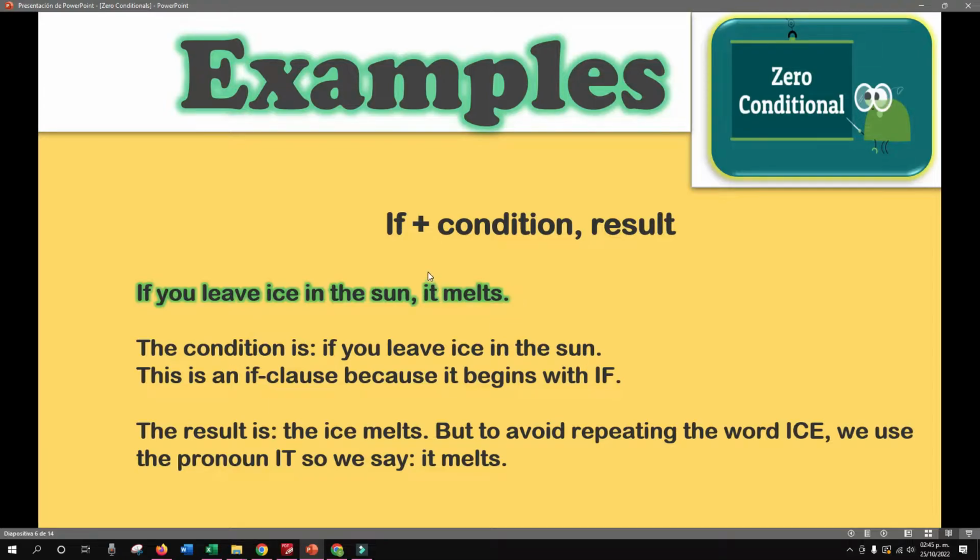Utilizan o reemplazan ustedes la palabra con el pronombre, ¿verdad? It melts. Si ustedes se dan cuenta, en estas dos oraciones, ambas están en presente simple y así deben utilizarlas. Las dos oraciones van a estar en presente simple cuando estén utilizando ustedes zero conditional, right?